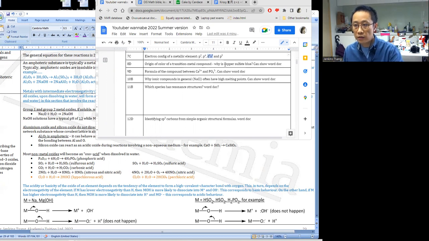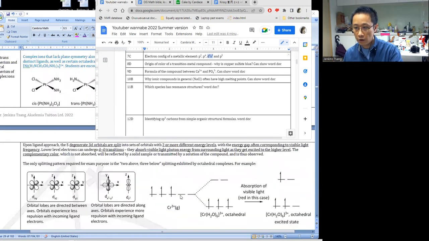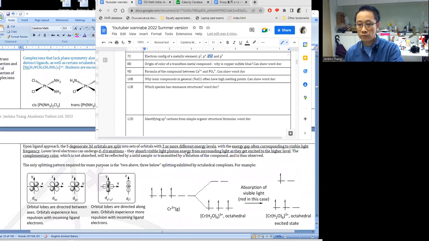But to explain why transition metal compounds are colored in general, it's all about orbital energy splitting. The mechanism for the generation of color within the transition metal is very often a 3 or 4 marker on the exam. Formation of complex ions causes the energies of the d sublevel orbitals to split into a set of 2 or more different energies, and this is followed by an electron transitioning from a lower energy level to a higher energy level by the absorption of visible light.